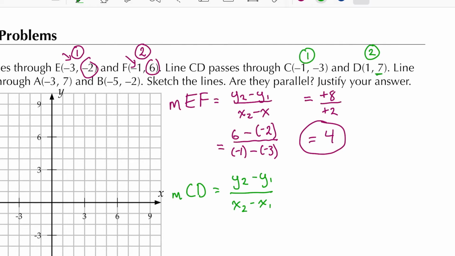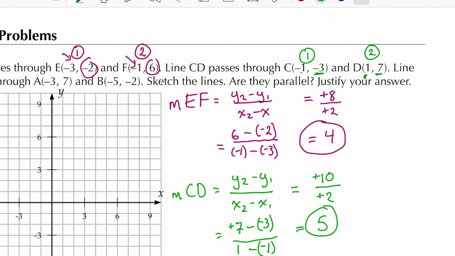So y2 will be 7, subtract minus 3, all over x2, which will be 1, subtract minus 1. And 7 subtract minus 3 is plus 10, and 1 minus minus 1 is plus 2. So this is going to equal a slope of 5.